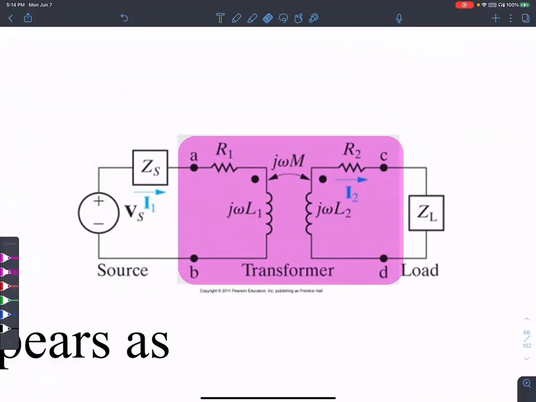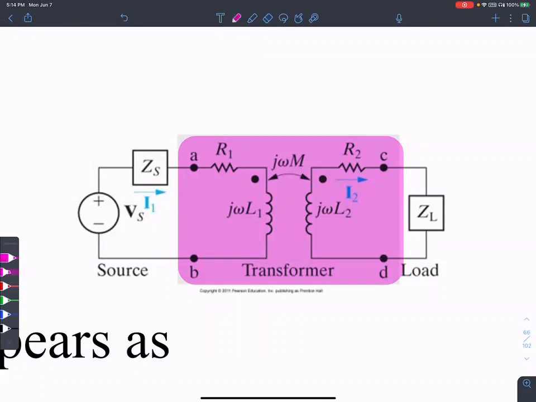And then there is the long wire that is wound into a coil, which has some resistance because it's a long wire, R1. And then there is R2, the resistance coming from the long wire on the right-hand side.